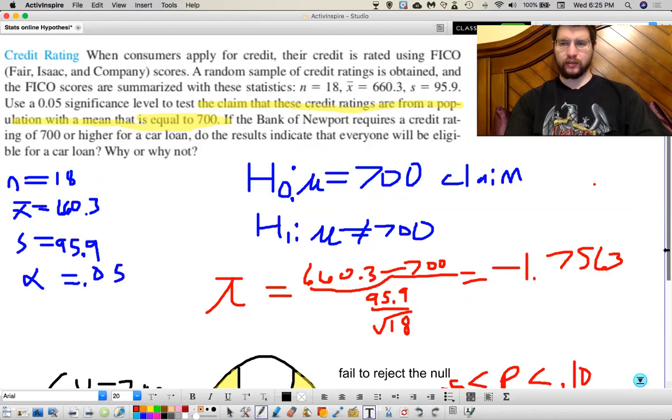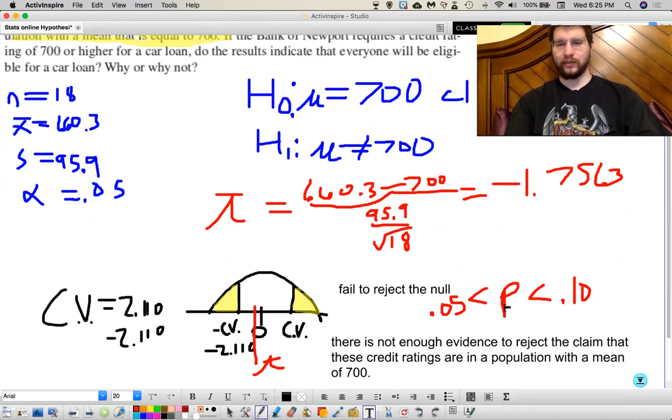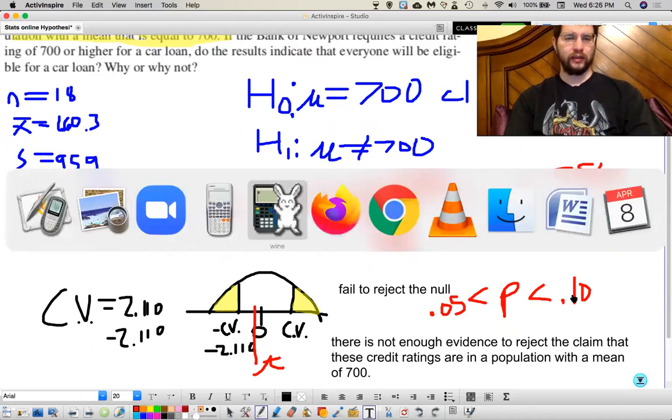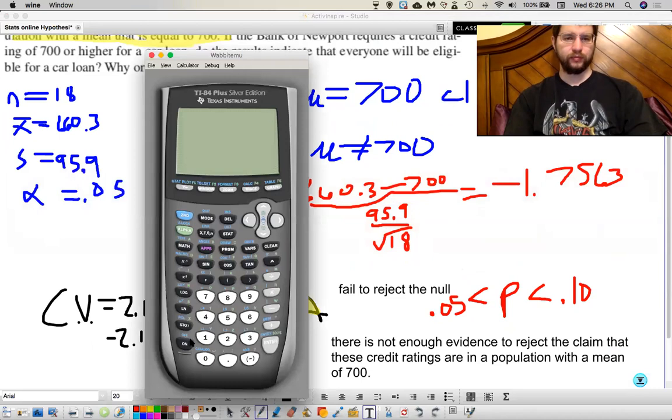PI users, we can see exactly what our p-value is. It should lie between 0.05 and 0.10. Let's see where exactly it lies. Again, it's a t distribution. 95.9, 18.